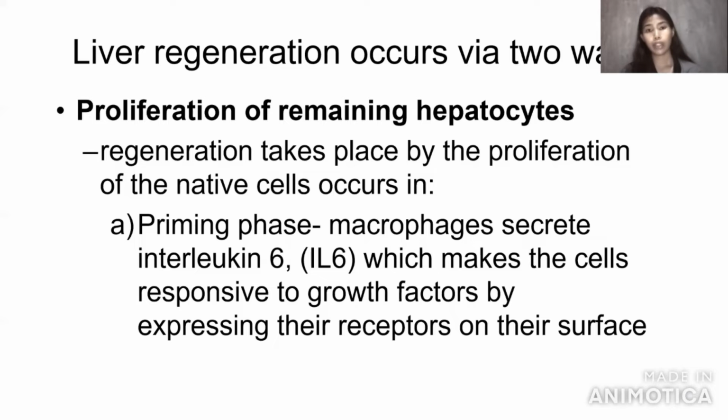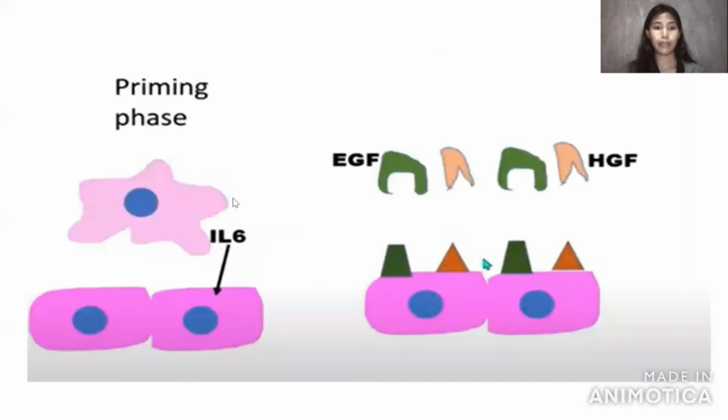So in proliferation of remaining hepatocytes, regeneration takes place by the proliferation of the native cells. It occurs in three phases: one is the priming phase, two is the growth phase, three is the termination phase. Let us understand these phases in a bit more detail. In the priming phase, macrophages secrete interleukin-6, which makes the cells responsive to growth factors by expressing receptors on their surface. Here we have a macrophage, and here is a hepatocyte.